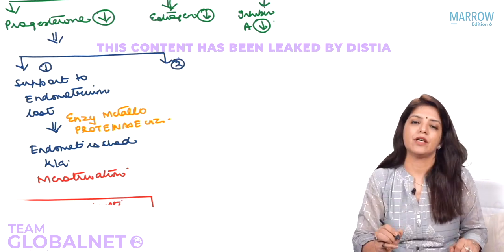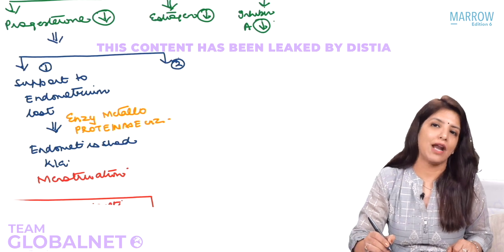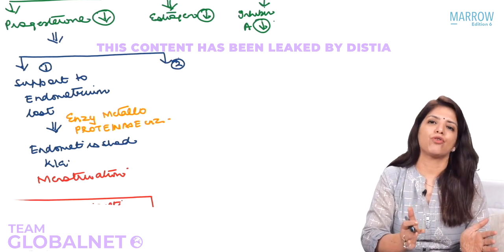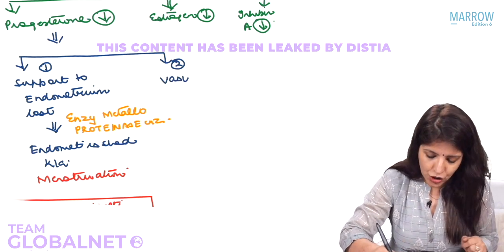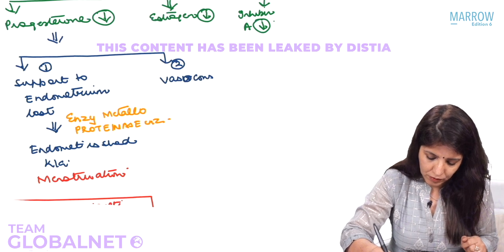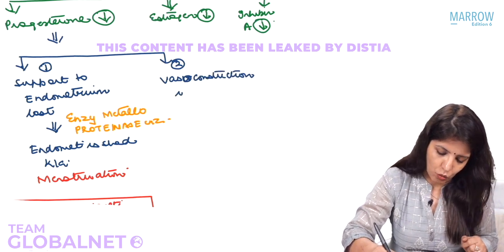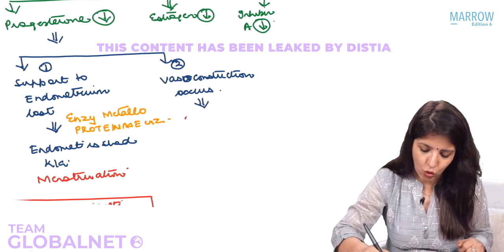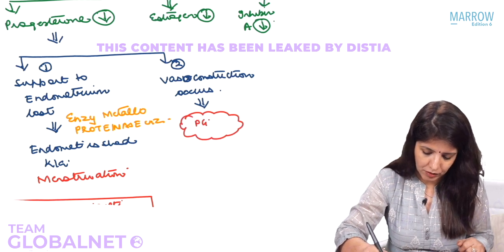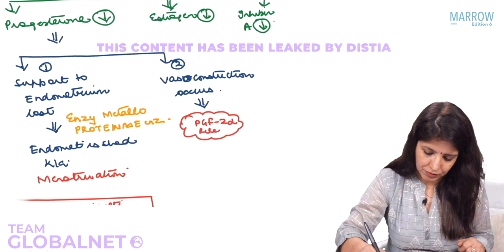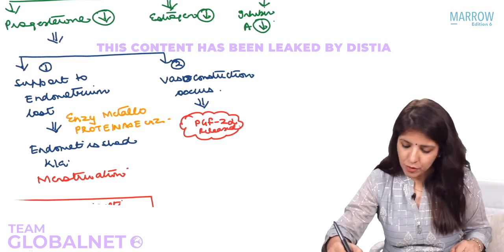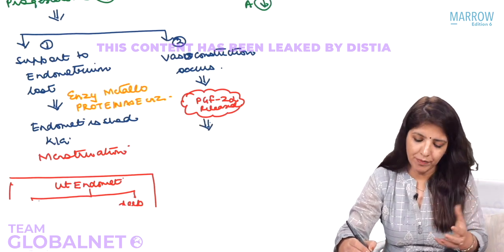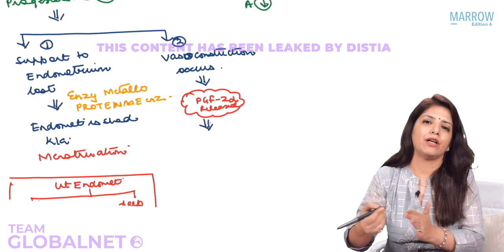Now, second thing what happens is that progesterone is a smooth muscle relaxant. This we have been doing throughout OBS. I've been telling you that. Now, when the levels of progesterone decrease, vasoconstriction occurs, and because of vasoconstriction, PGF2 alpha is released. Right? Now, this PGF2 alpha leads to increase in the contractions of the myometrium, and that is what leads to pain during menstruation.